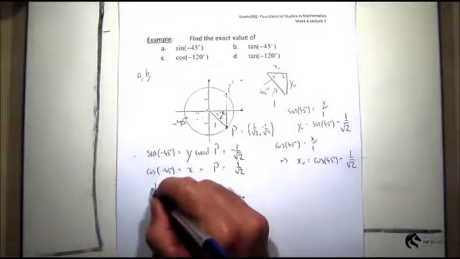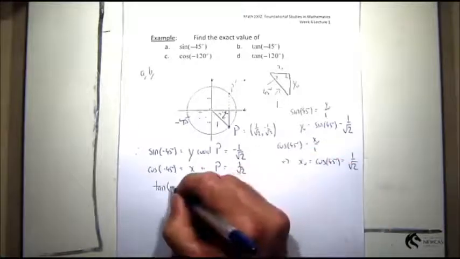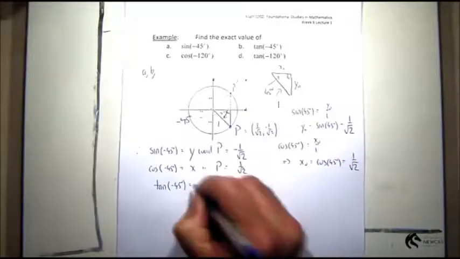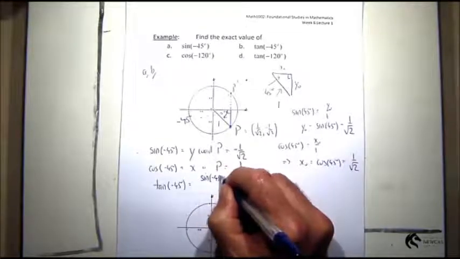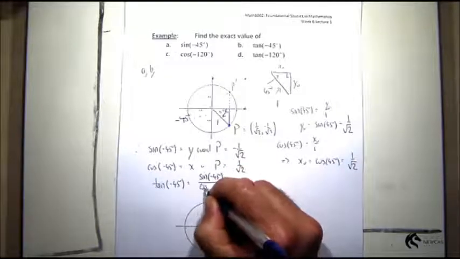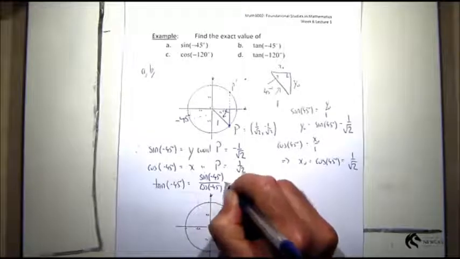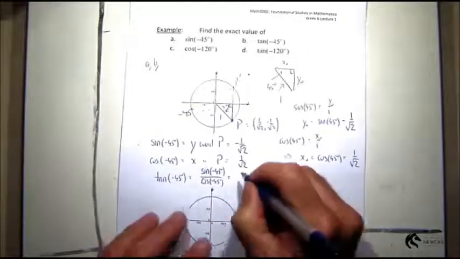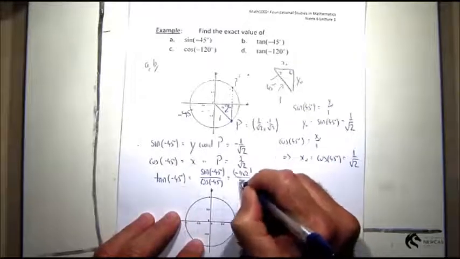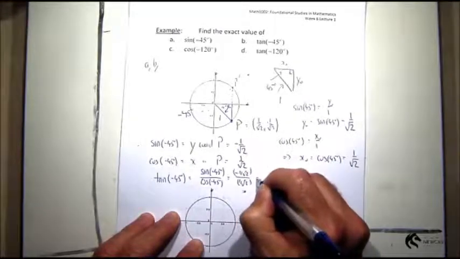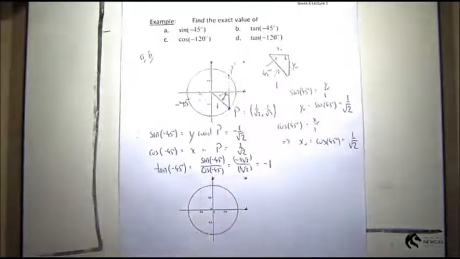So I can say the tan of minus 45 degrees is sine divided by cos, and that is minus 1 on root 2 divided by 1 on root 2, and so I end up with minus 1 as my tan.